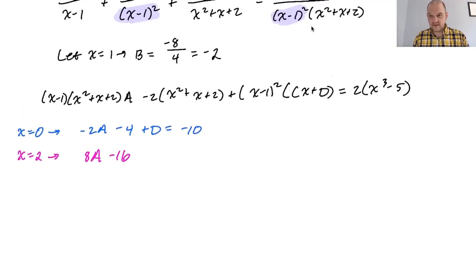Do I? No, I don't, but I was a little worried about that. So 2 gives me plus 2c plus d equals 8 minus 5 is 3 times 2 equals 6.